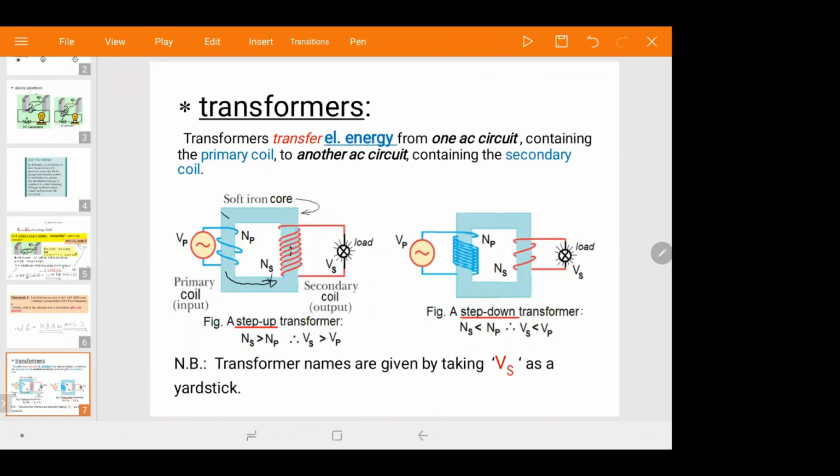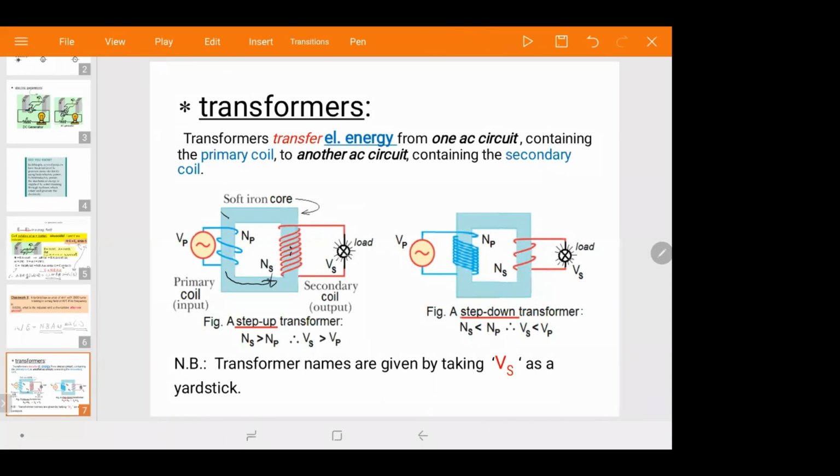Actually, the induction is caused due to the change of magnetic field on the left side. So this is not self-induction, this is mutual induction. If you connect the ends of this coil, the induced EMF causes induced current, and you can see the bulb connected above gives you light.